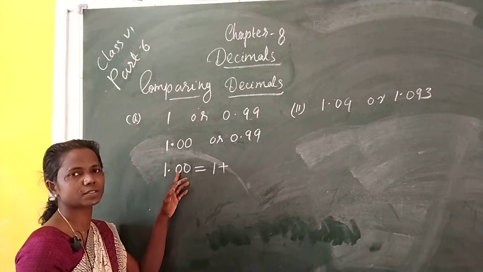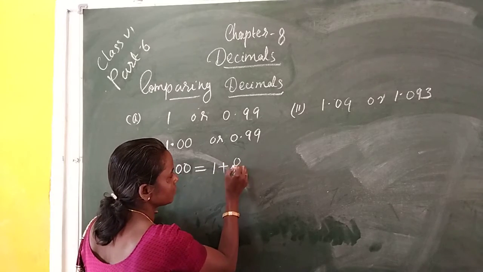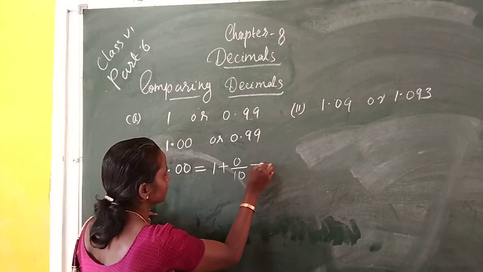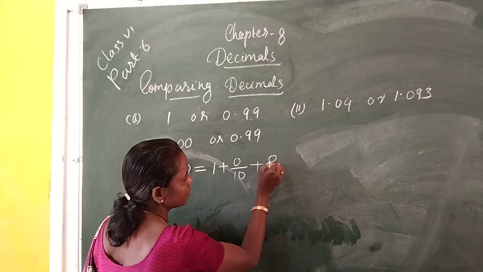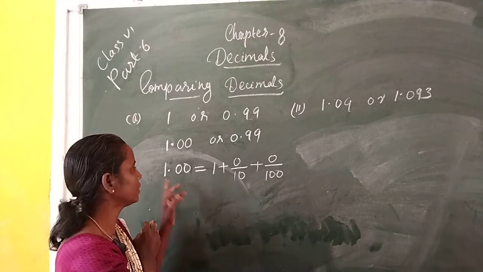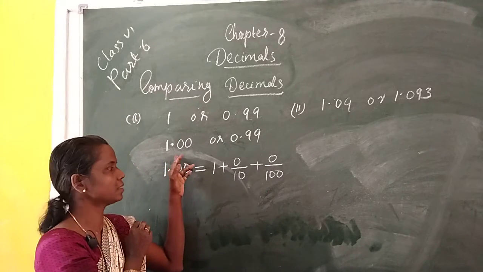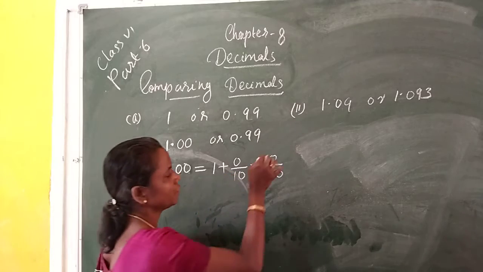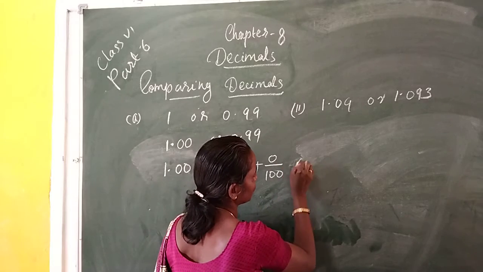What is the place of this 0? Tenth place, and 0 in the hundredth place. Is it clear? First you write the first number's expanded form.